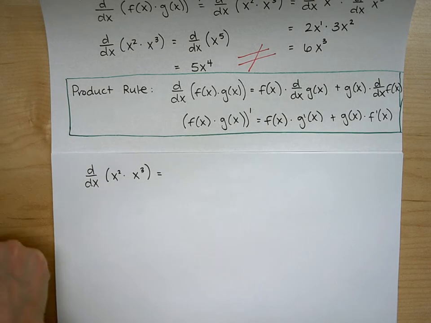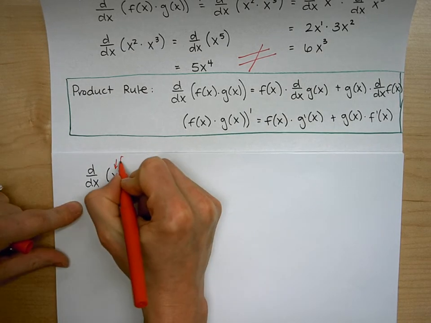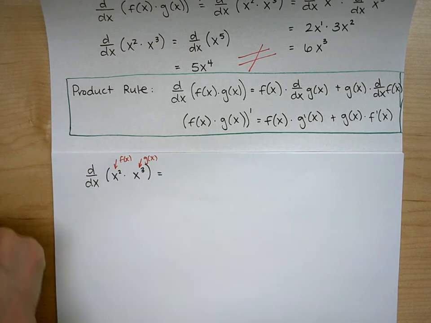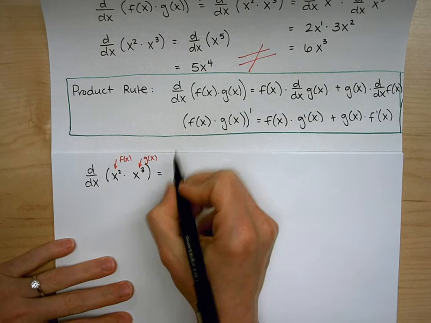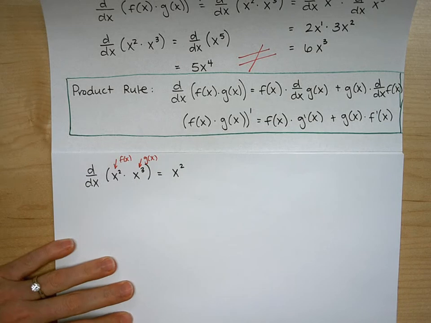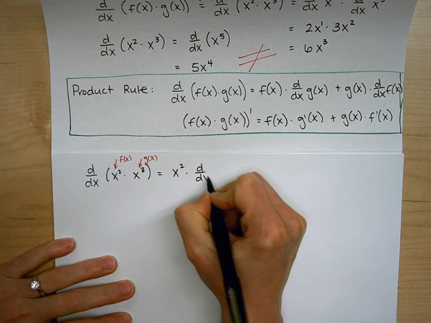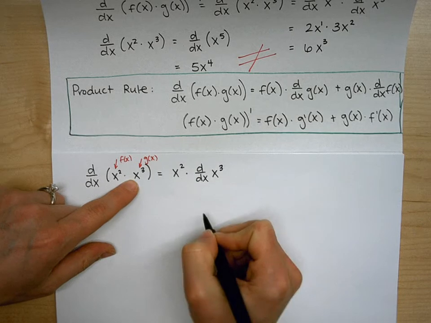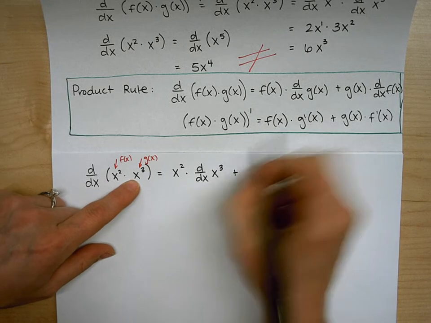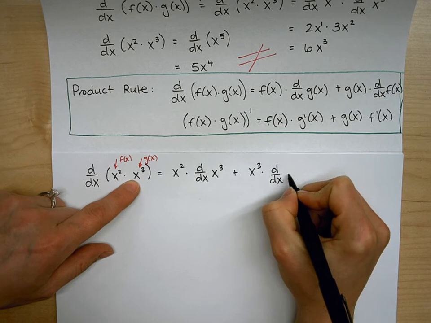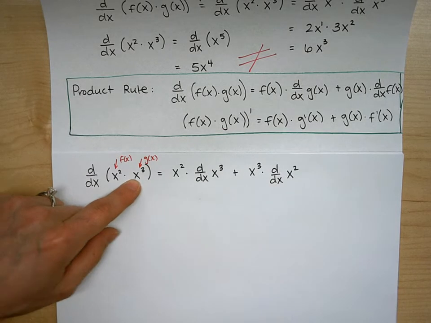So this is like my f of x function. And this is like the g of x function. So product rule says I just start with the first thing, just f of x. No derivatives, just that. And then I want to take the derivative of g. G is x cubed. Then I want g times the derivative of f, which is that.